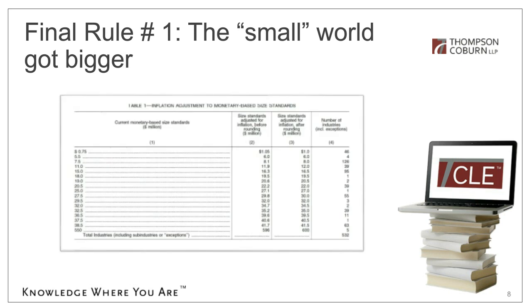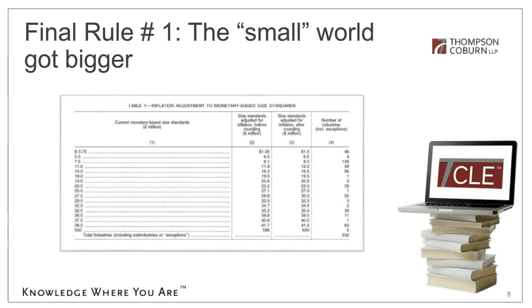So this table on your screen now just shows you what the changes look like as far as what they moved from and what they moved to. This is a table that I pulled from the final rule, and it should show you the impact of the rounding of the numbers and the impact on the various sizes of industries. The size that had the most number of industries impacted was the move from 7.5 million to 8.1 million, which was rounded to 8 million.